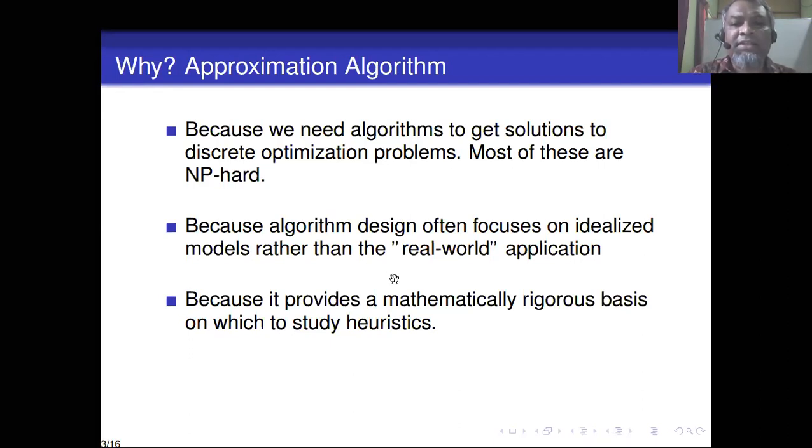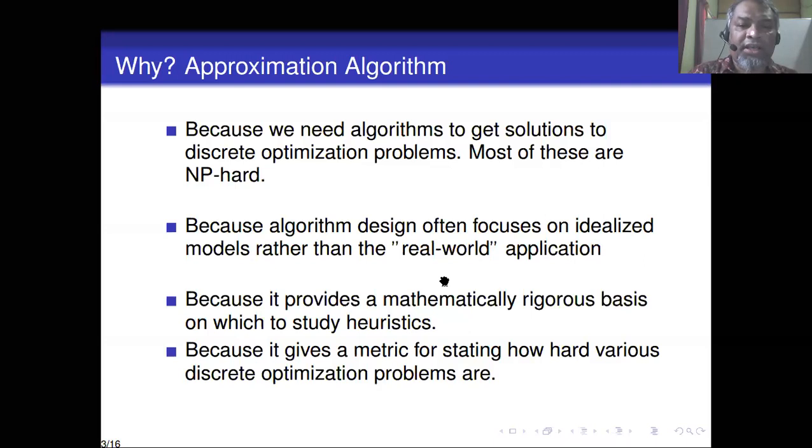But if we study that problem for the approximation case, and we study its mathematical foundation rigorously, then what will happen? We could identify which instances are not good for heuristics, that is, for which cases heuristics or meta heuristics cannot give a good solution. We can identify those cases if we study approximation algorithms.